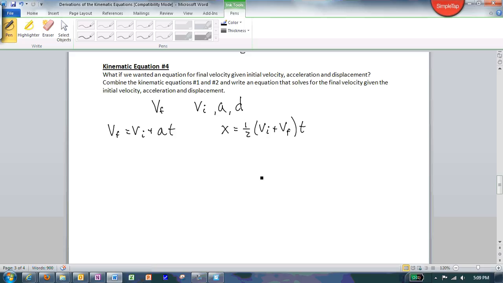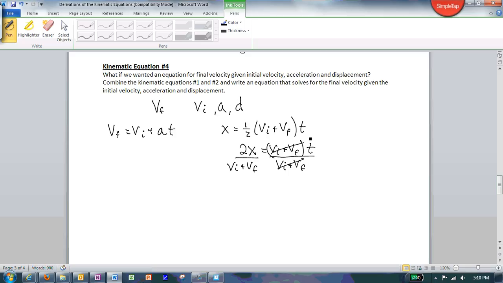So I'm going to solve this equation for the time. I will multiply by 2, so I get 2x equals v initial plus v final, all times t. Then I'm going to divide by v initial plus v final.